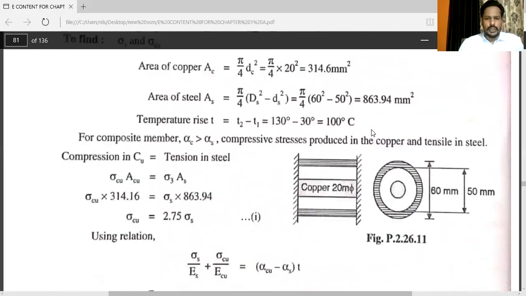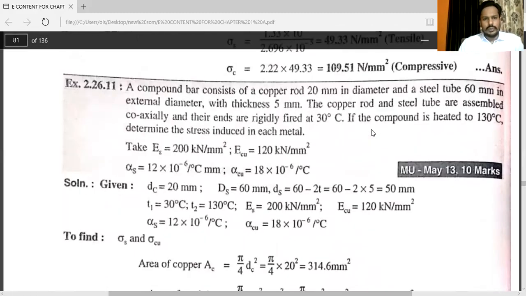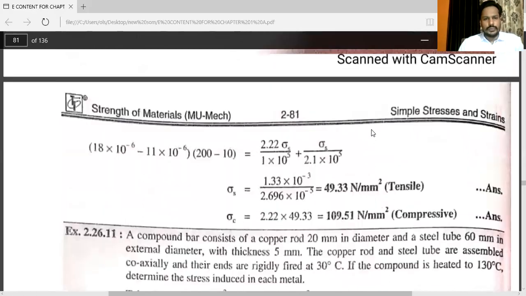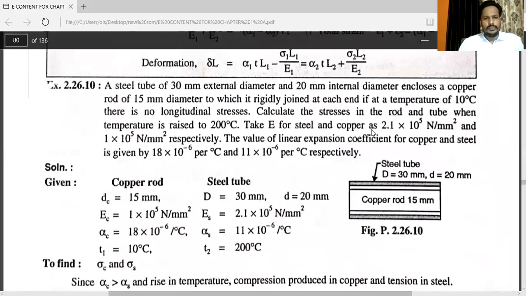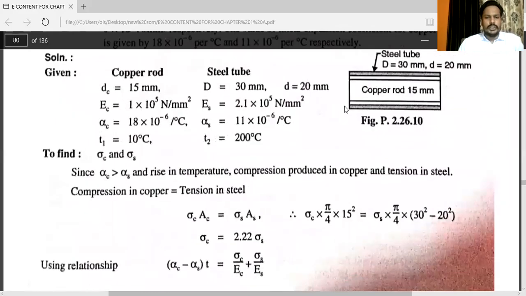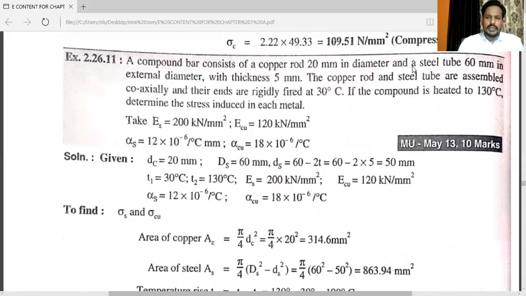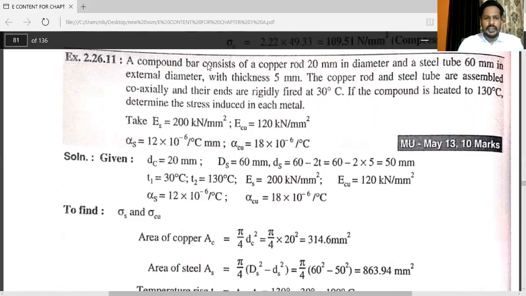Here I am showing you an example on this condition, that is temperature stress in members in parallel. That is a very important problem. A compound bar consists of a copper rod 20 mm in diameter and a steel tube 60 mm in external diameter with thickness 5 mm.